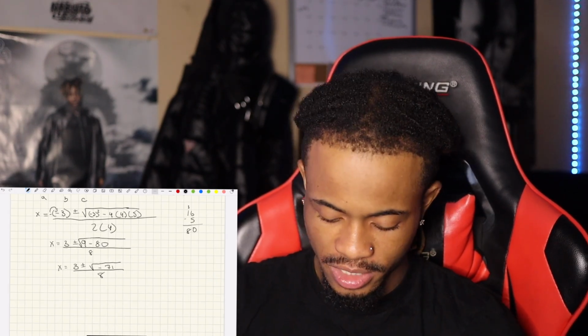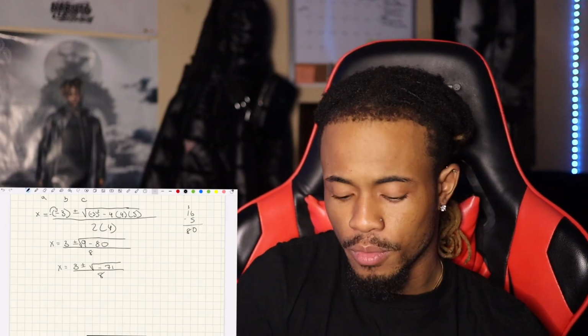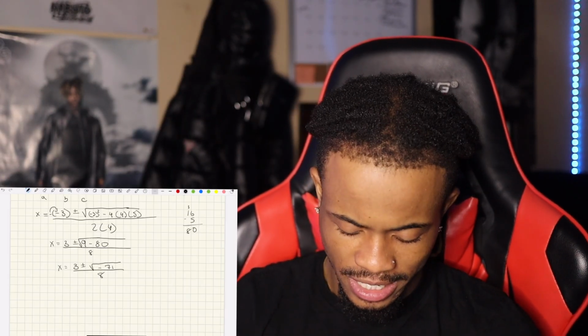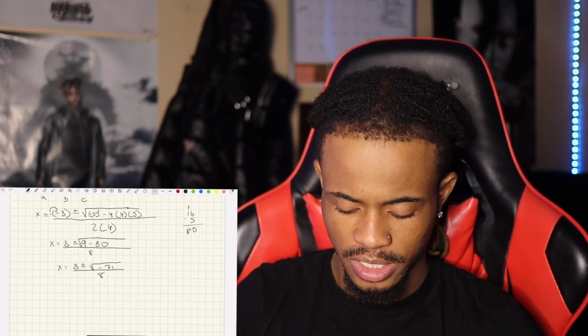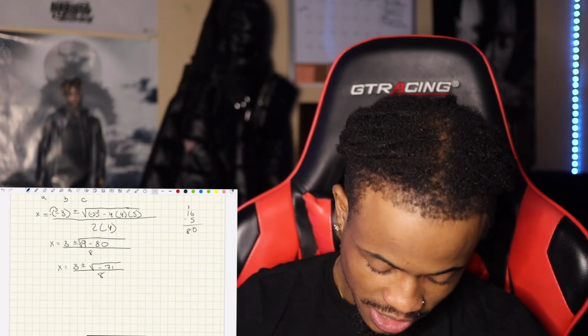Now we have to write negative 71 in standard form. What I would do with negative 71, I would actually try to rewrite it if I can. I'm not sure what numbers I can use. Nope, we actually cannot use any numbers.